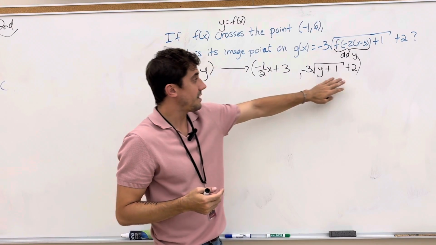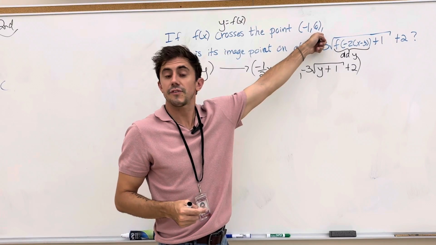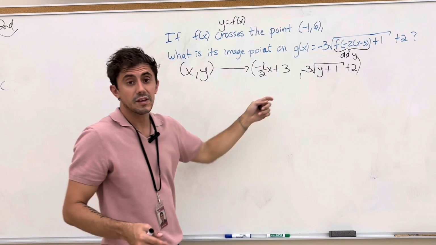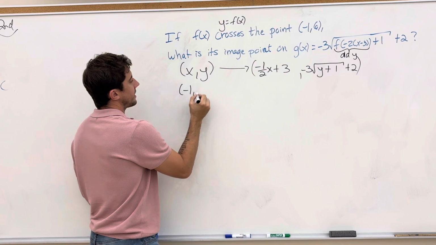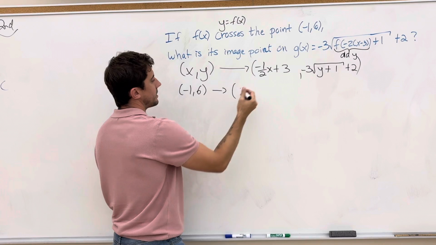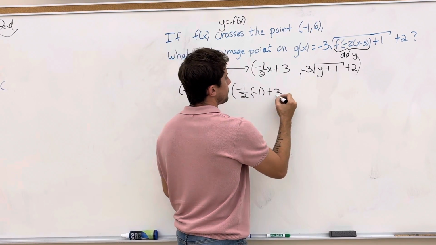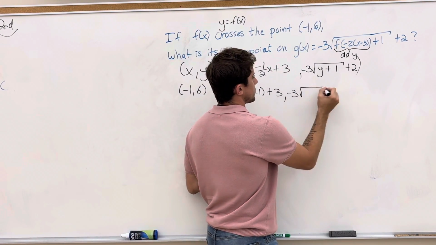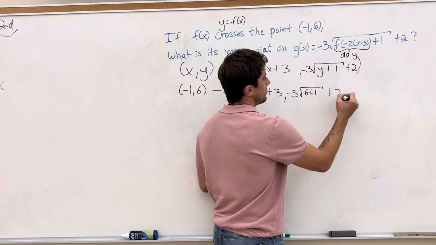So now that we have that established, mapping any particular point on the original function f(x) is not all that difficult, right? We're going to put it through the mapping rule and see what comes out of it. So our specific point on f(x), (-1, 6), will be mapped to: the x coordinate will become -1/2 times -1, plus 3, and the new y coordinate will be -3 times the square root of 6 + 1, plus 2.